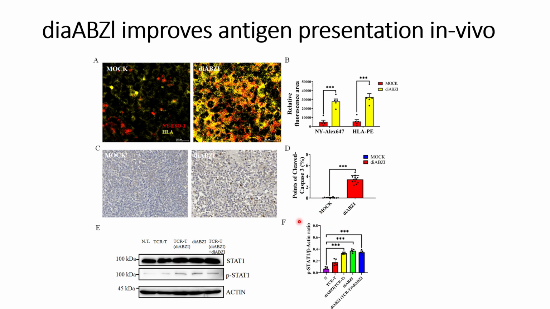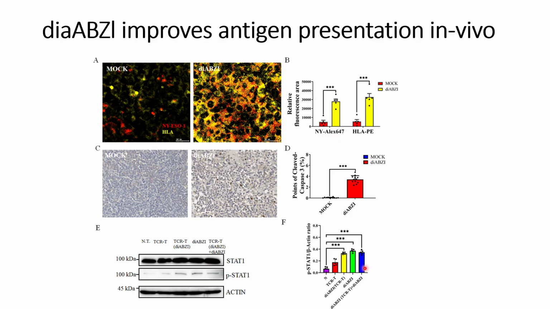And the quantification of panel E is in panel F, where we can see that in the case of the DiaBZl treated engineered T cell receptors with DiaBZl injections into the mouse models, they see the maximum amount of phosphorylated STAT1, and when only DiaBZl treated samples are used, these two seem to be comparable.